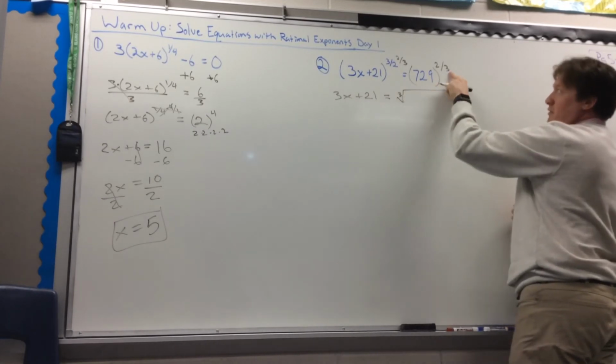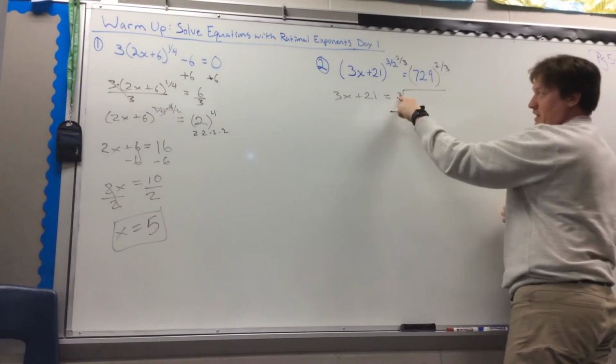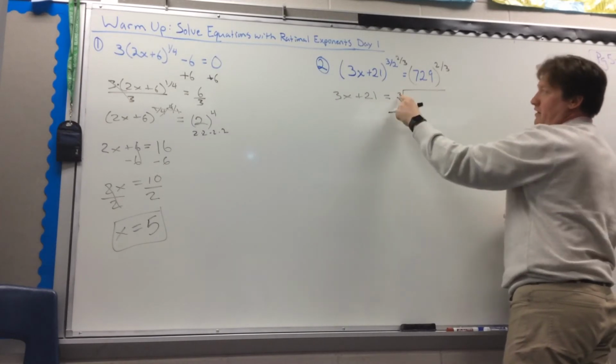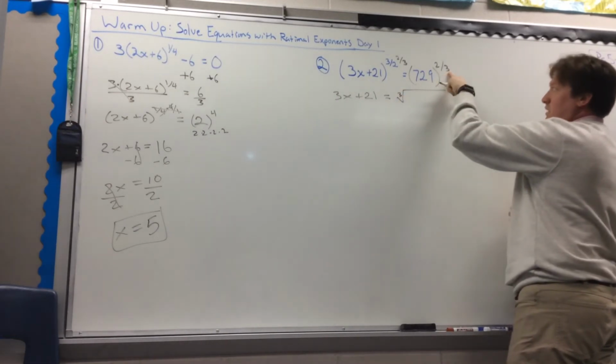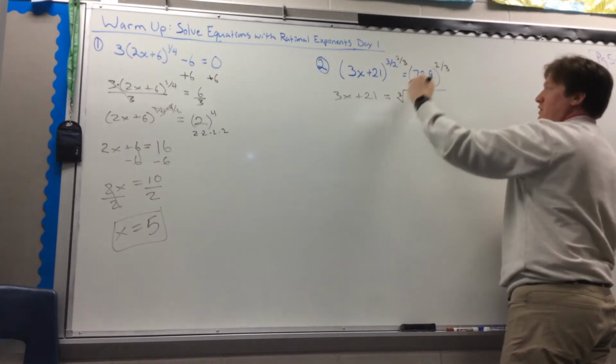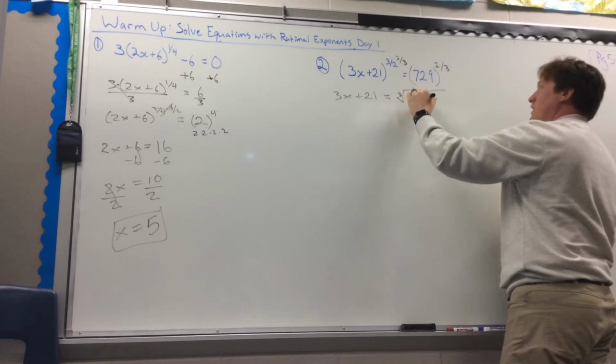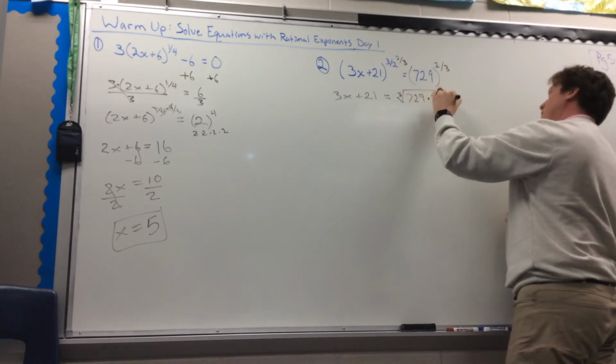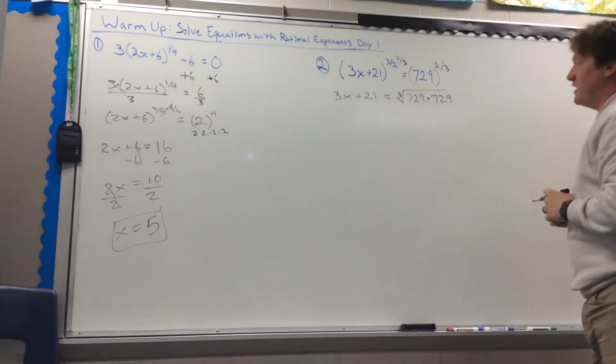Our little rhyme is the number in the back goes into the index, we call it the crack. So the number in the back goes in the crack right there. This becomes the number that goes inside the index. So now we have 729 that we need to break down using prime factorization.